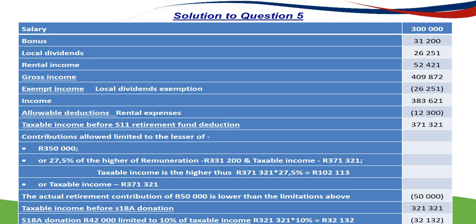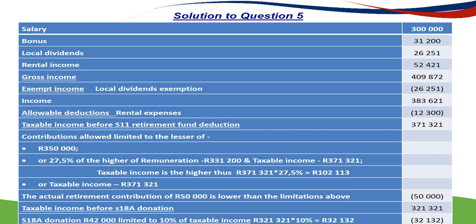Up until the point of the taxable income before the retirement fund deduction, this solution remains the same as what we've just done in question number 4. So let's look at the contribution towards retirement fund annuity. That will be limited to the lesser of 350,000 or 27.5% of the higher remuneration or taxable income.